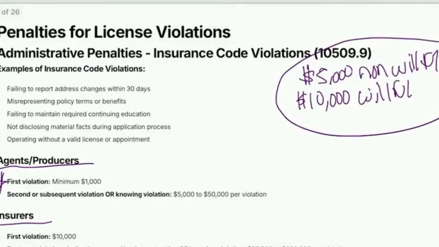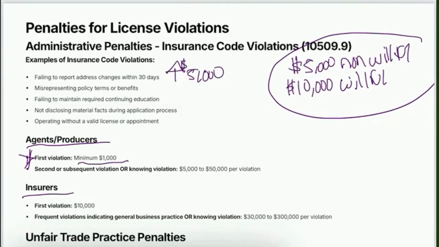So there are different examples of insurance code violations, right? Failing to report your address change. You could get a minimum first fine of $1,000. Now, technically, you can get up to a $5,000 fine. And that's normally what they're going to ask you, the 5,000, 10,000, right? And if it was willful, you can get up to 10,000, right?